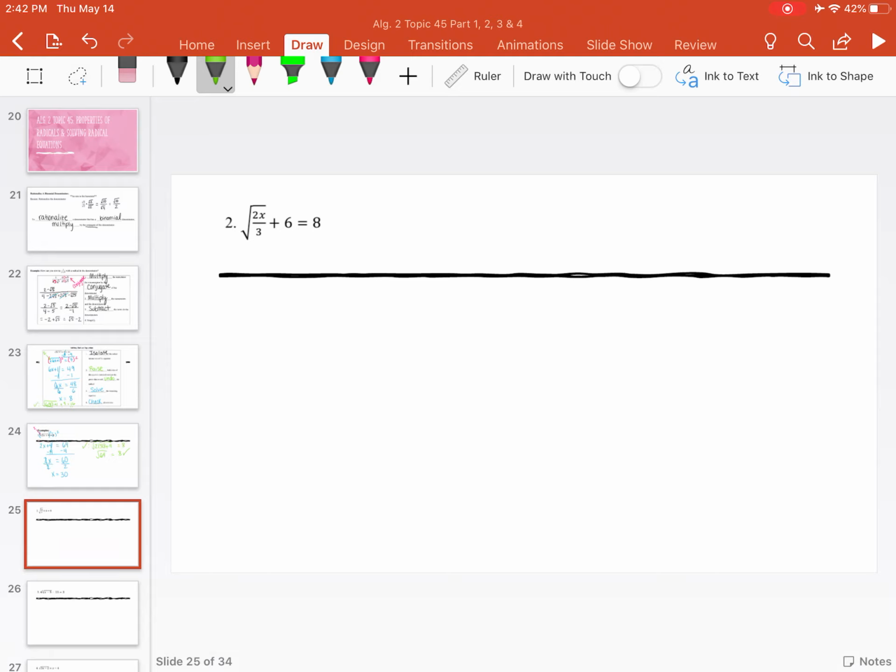The square root of 2x divided by 3, plus 6 equals 8. So first I'm going to isolate my radical. Subtract 6 on both sides. So I get the square root of 2x divided by 3 equals 2. Now my index here is 2, so I'm going to square both sides to undo it.